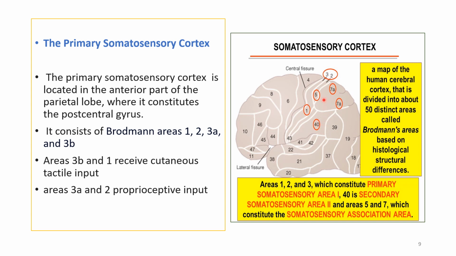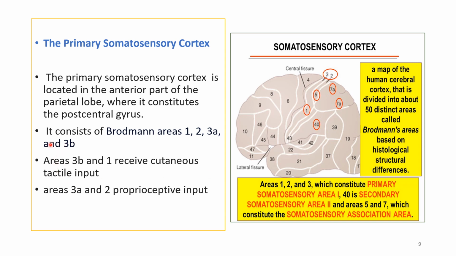And 5 and 7A and 7B, these are the somatosensory association areas. I repeat: areas 1, 2, 3 are the primary somatosensory area 1. Area 40 is the secondary somatosensory area 2, and areas 5 and 7 are the somatosensory association areas.